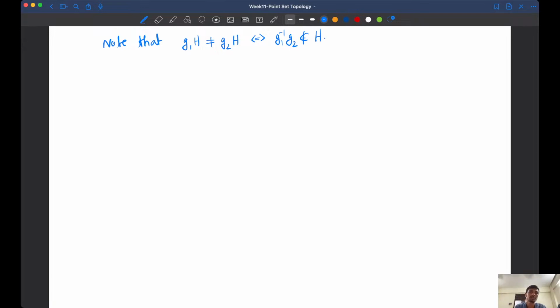This you can easily check: g1H equals g2H if and only if g1 inverse g2 belongs to H.